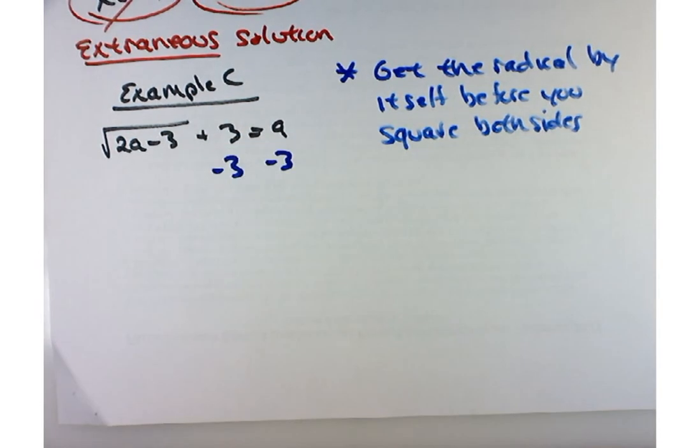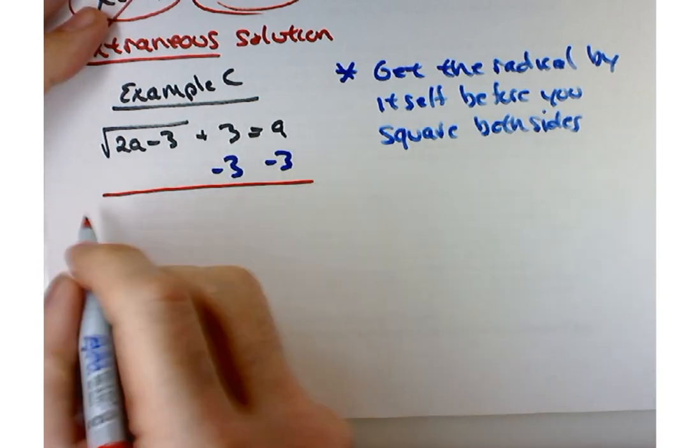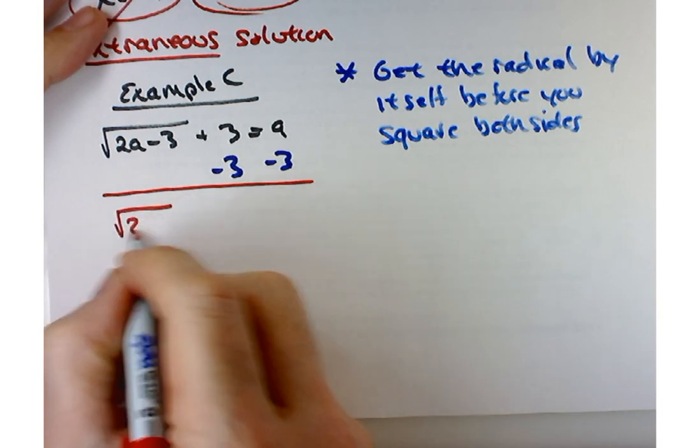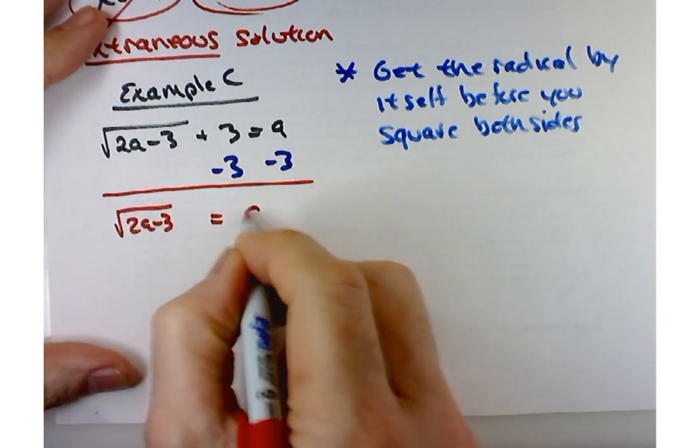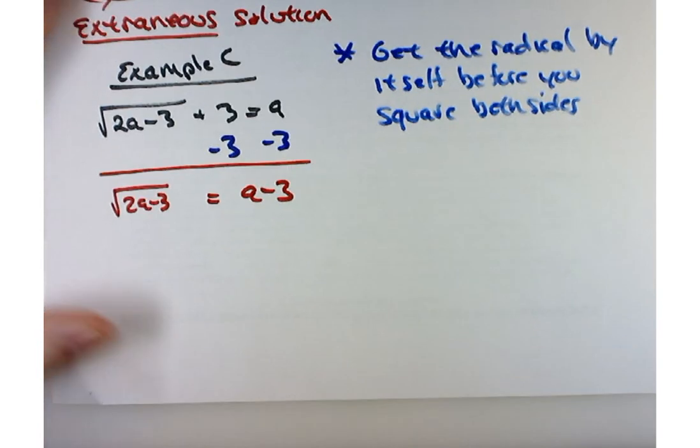There again, that's that idea of the opposite operation. So I subtract 3 from both sides, and that gives me the square root of 2a minus 3 equals a minus 3. Okay, so cool. I got the radical by itself.